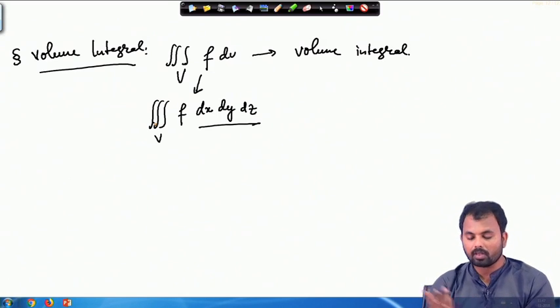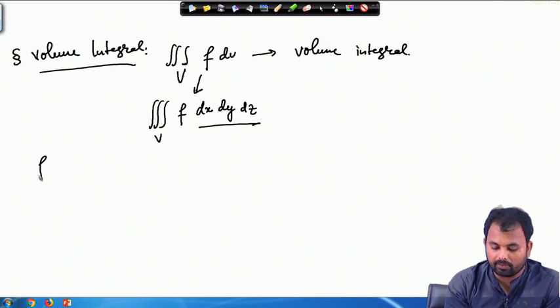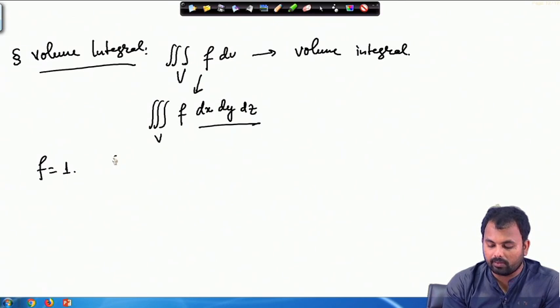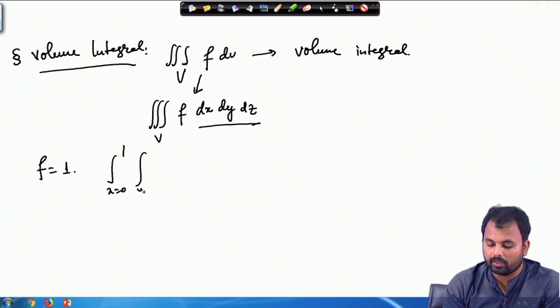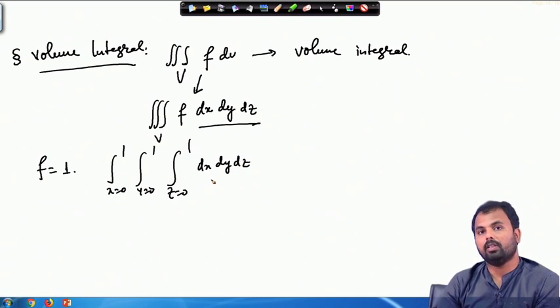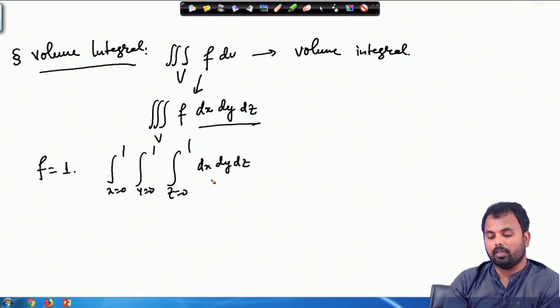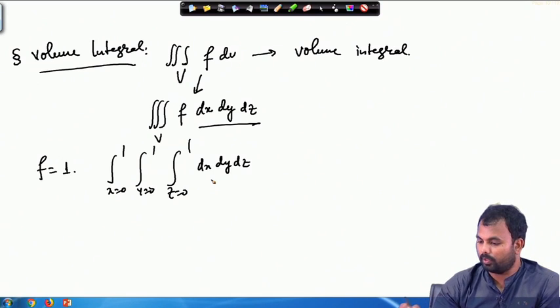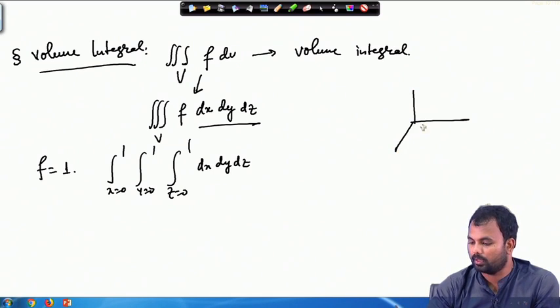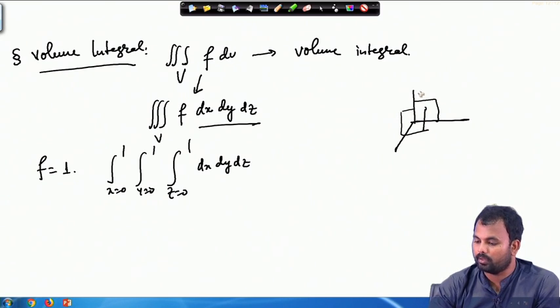or even if nothing is given, you are calculating the volume within that range. For example, if our f is equal to 1, and our volume has limits x running from 0 to 1, y running from 0 to 1, z running from 0 to 1, dx, dy, dz, then we are basically calculating the volume of this surface here, which we can draw as x from 0 to 1, y from 0 to 1, and z from 0 to 1.